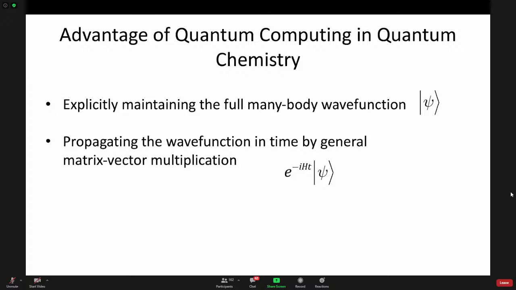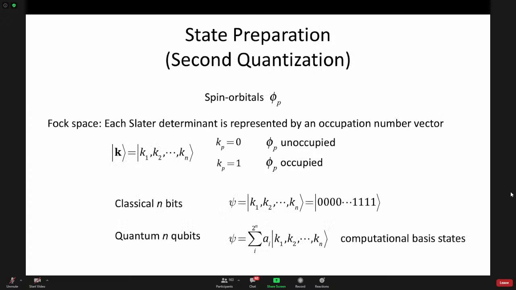First, I'd like to describe the first advantage. We go back to the Slater determinant, and we're in the second quantized form with Fock space, so the Slater determinants are described with only zeros and ones. If we consider n classical bits, we can maintain one Slater determinant.